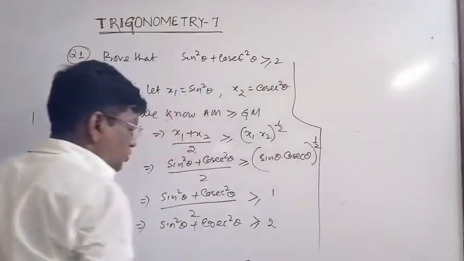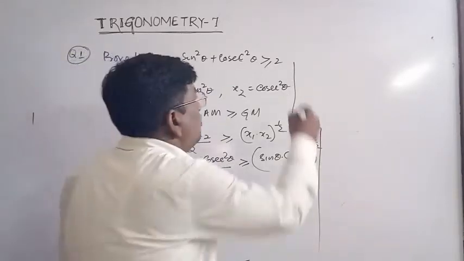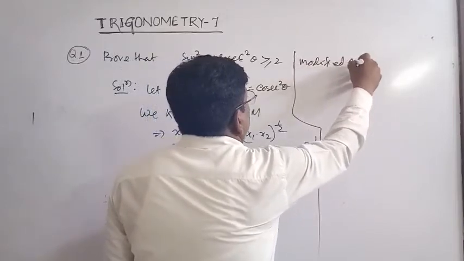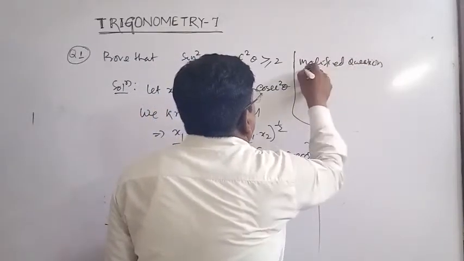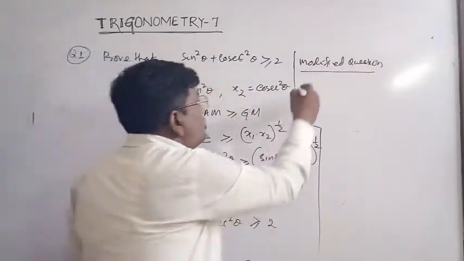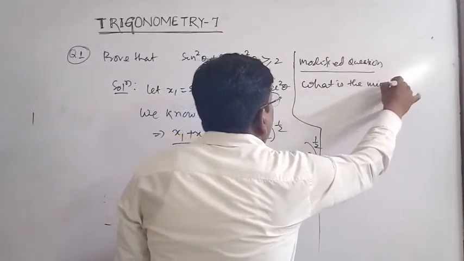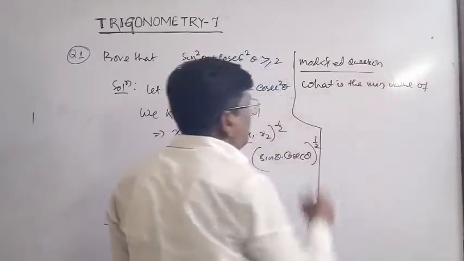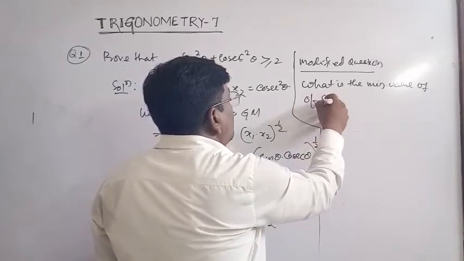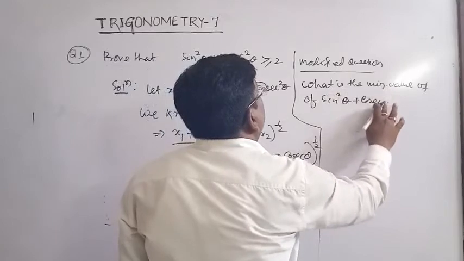This question can also be modified as: what is the minimum value of sin square theta plus cosec square theta?